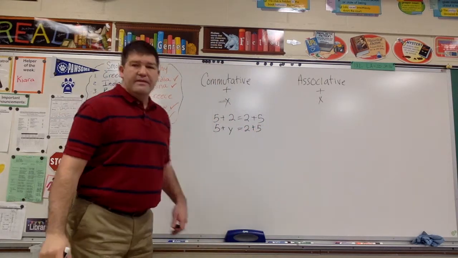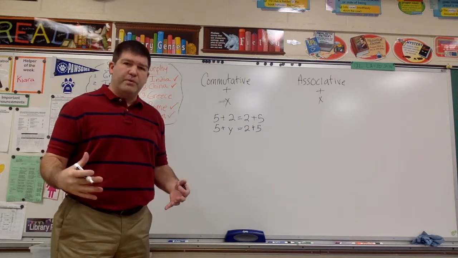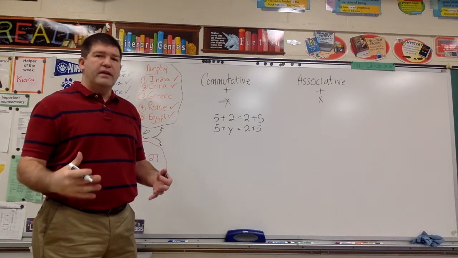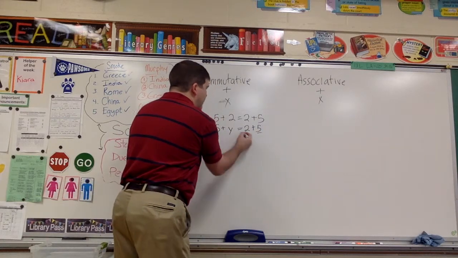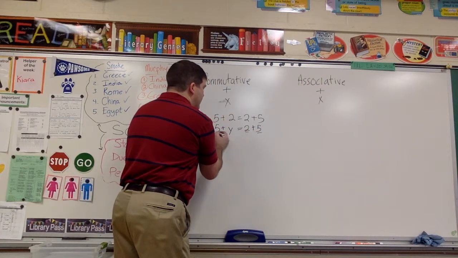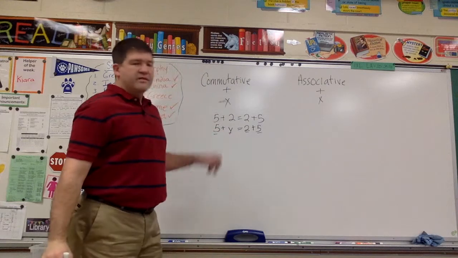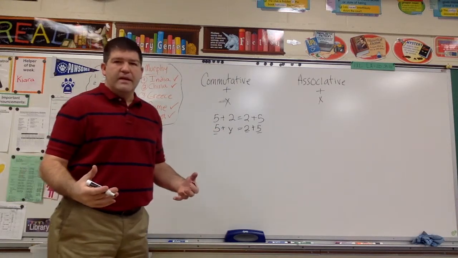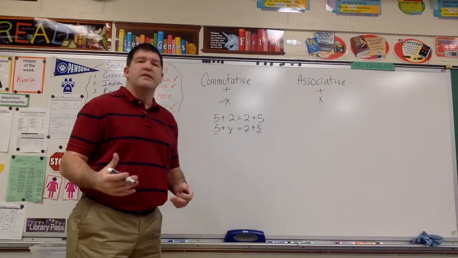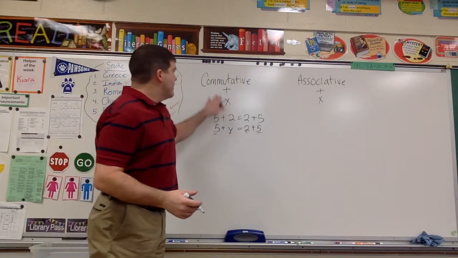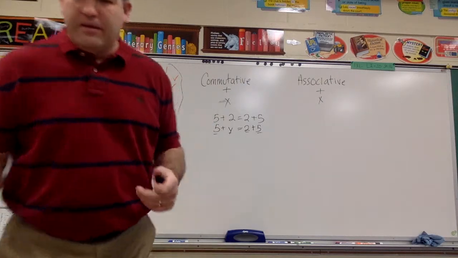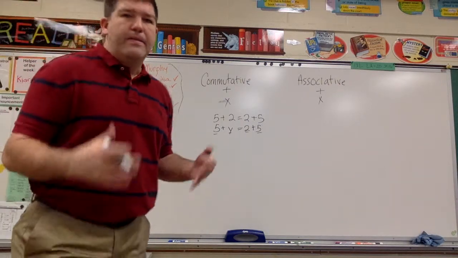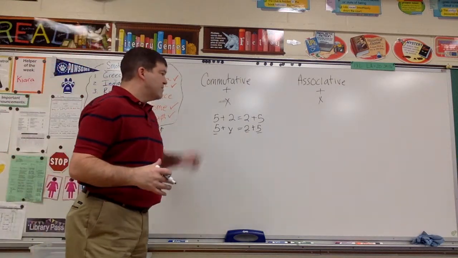By looking at this, I can see based on the commutative property, without having to do any computation, I have a 5 over here and I have a 5 over here, and then it's adding a 2, and this one's adding something. I know this has to be a 2. I could also do some computation to get that, but based on commutative principle, that's going to be a 2.